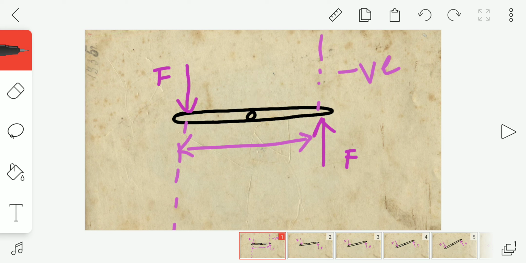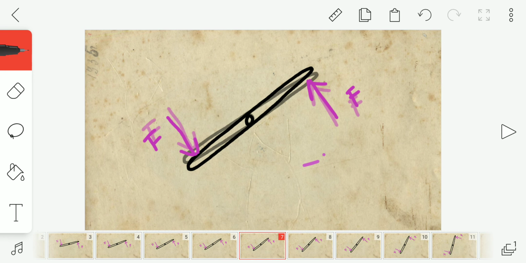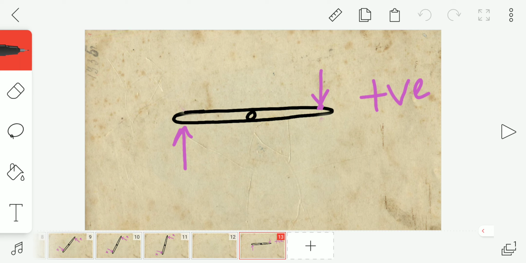If the body starts rotating in anti-clockwise direction like this, the anti-clockwise couple can be taken as negative. And if the body starts moving in clockwise direction, where the forces are in different directions, the object will turn in the clockwise direction, and that clockwise couple is taken as positive.